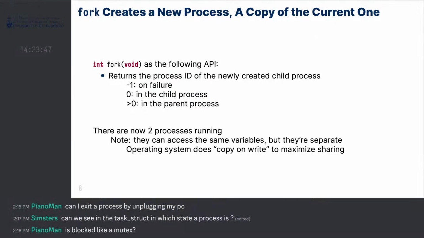Otherwise, this will look like it returns twice, because after it returns successfully, it will get 2 different return values depending on if you're the old process or the new process. And this is where your life gets complicated. Fork in the new process gets an ID of 0 to represent that, hey, it's the newly created one.